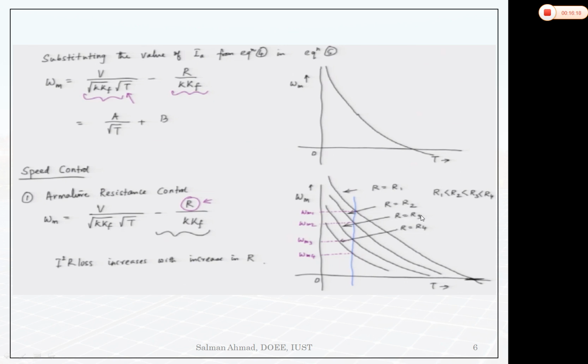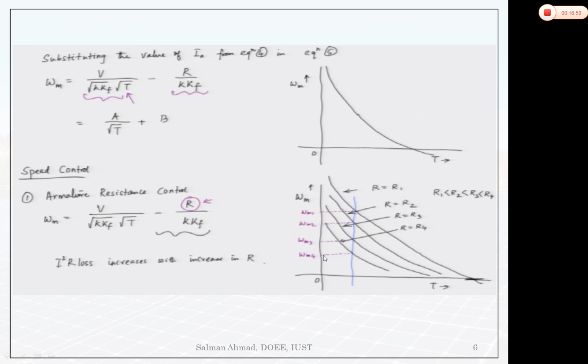So as we increase the resistance value, the characteristic will shift downwards. If we have a load torque characteristic something like this, the intersection point will give the steady state speed. So it is running at this speed corresponding to R equal to R1. For R equal to R2, it is running at this speed. For R equal to R3, at this speed. Similarly, R equal to R4, at this speed.